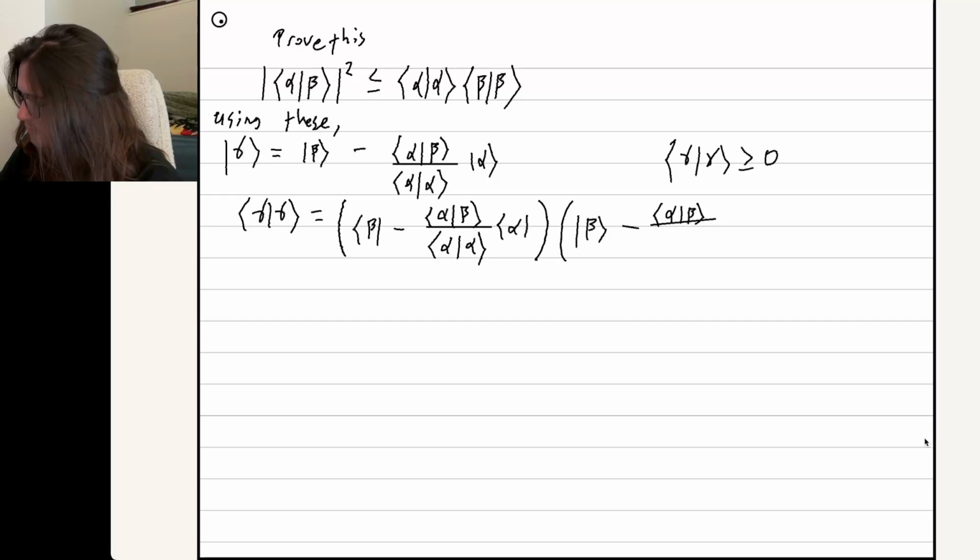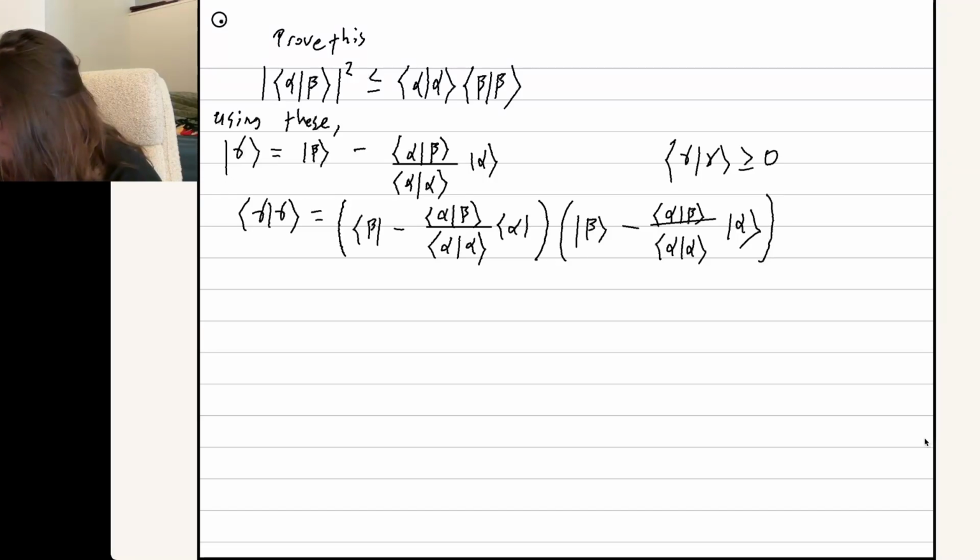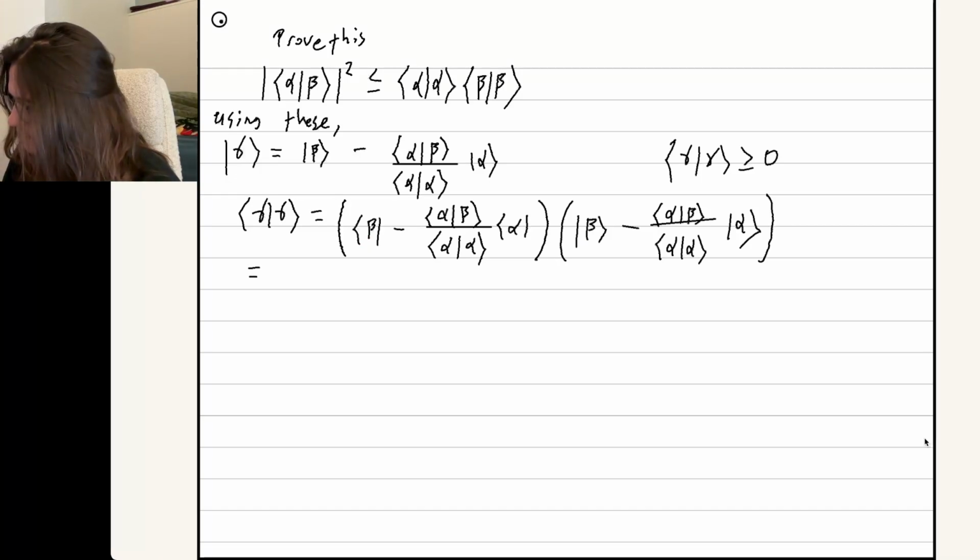So we have to do the multiplication of these. The beta bra is going to get multiplied by the beta ket, so we have the inner product of beta with beta. The beta bra is also going to be multiplied by this term, so we're going to have a couple of cross terms.